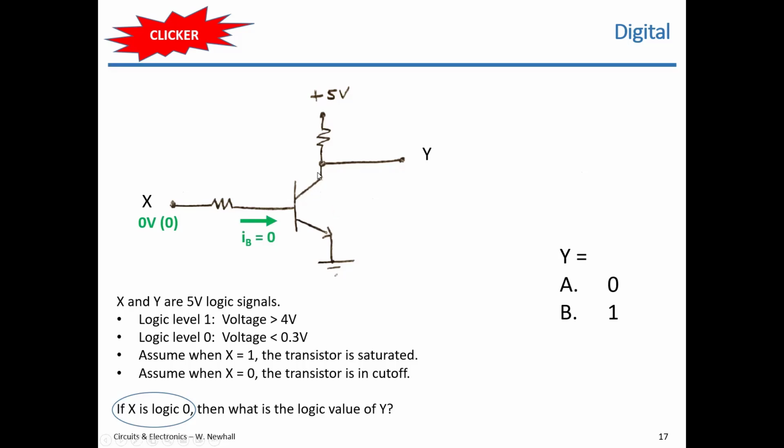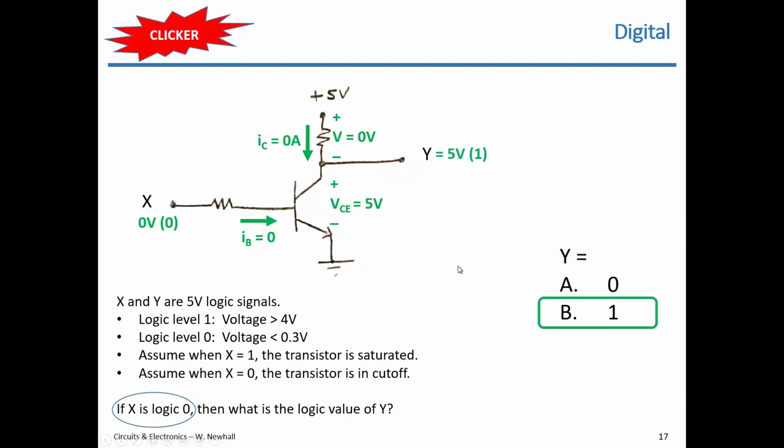That means no collector current. If there's no collector current, then there's no current through this resistor. Then the voltage across that resistor is 0 volts. So there's 0 volts here. A KVL equation would show you that you have 5 volts here. That means Y is equal to 5 volts, logic level 1.